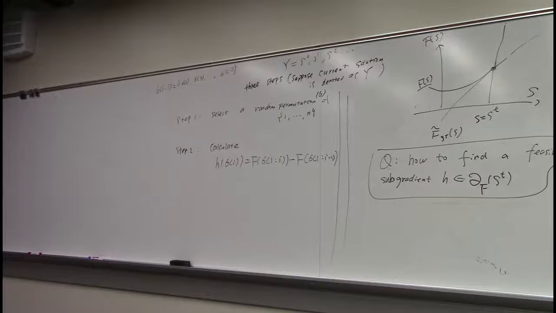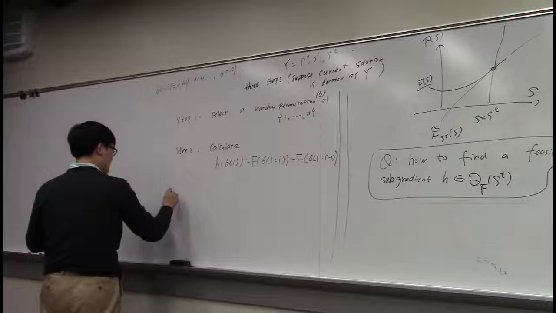So basically, sigma(1 to i) is the first i elements of one random permutation.